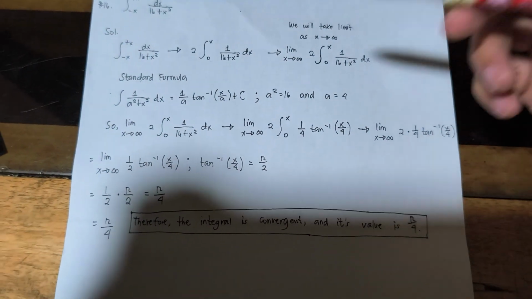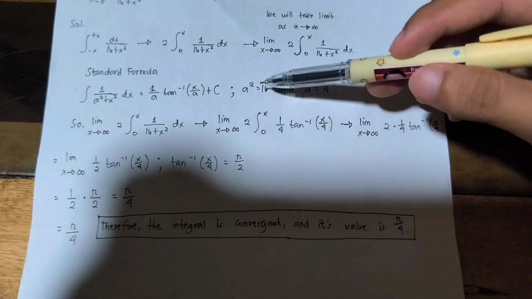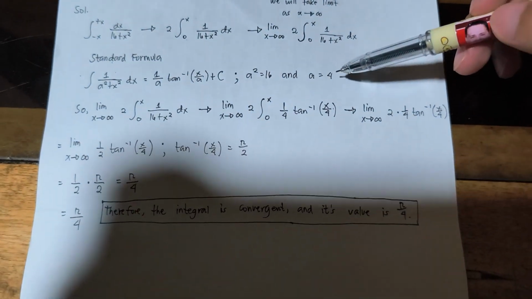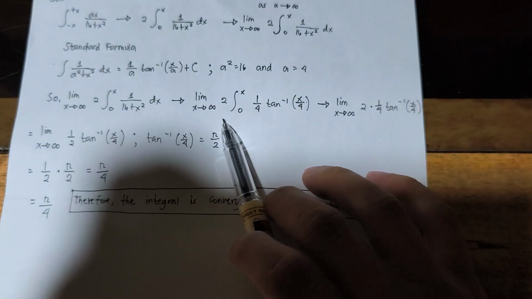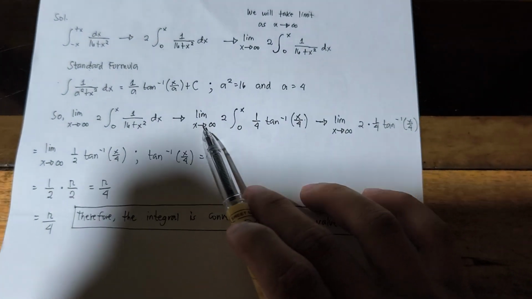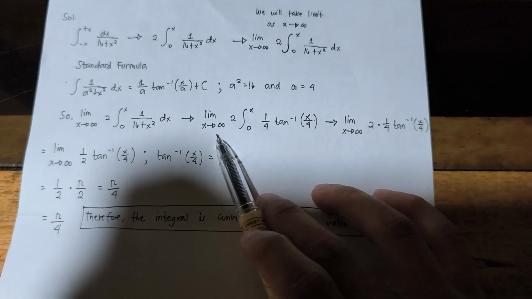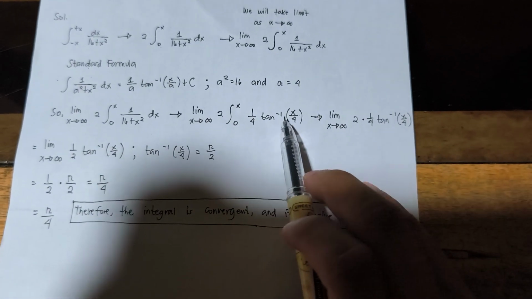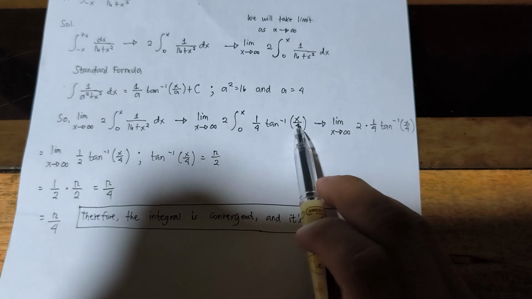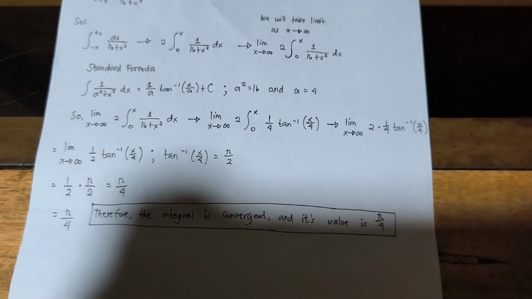So we apply this on our limit where a squared is equal to 16 and a is equal to 4. So our limit becomes the limit as x approaches infinity of 2 times 1/4 arctan of x over 4 from 0 to x.